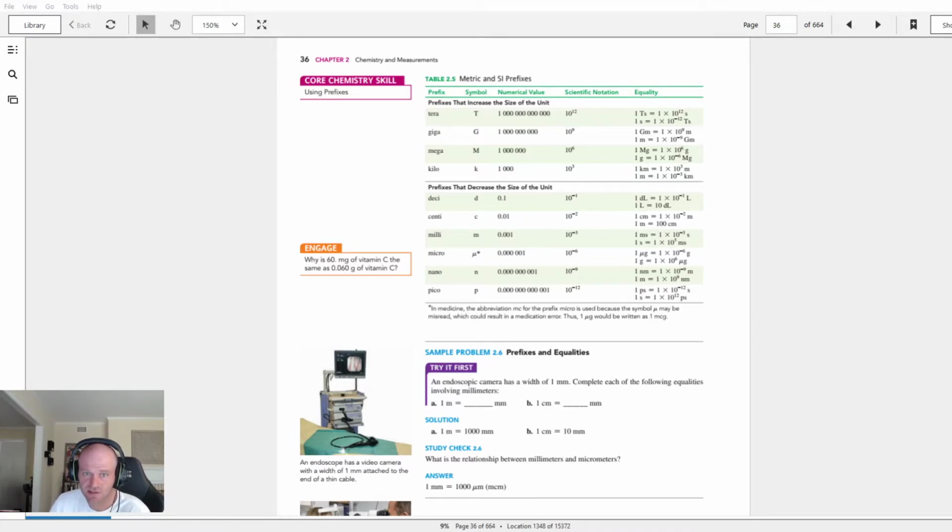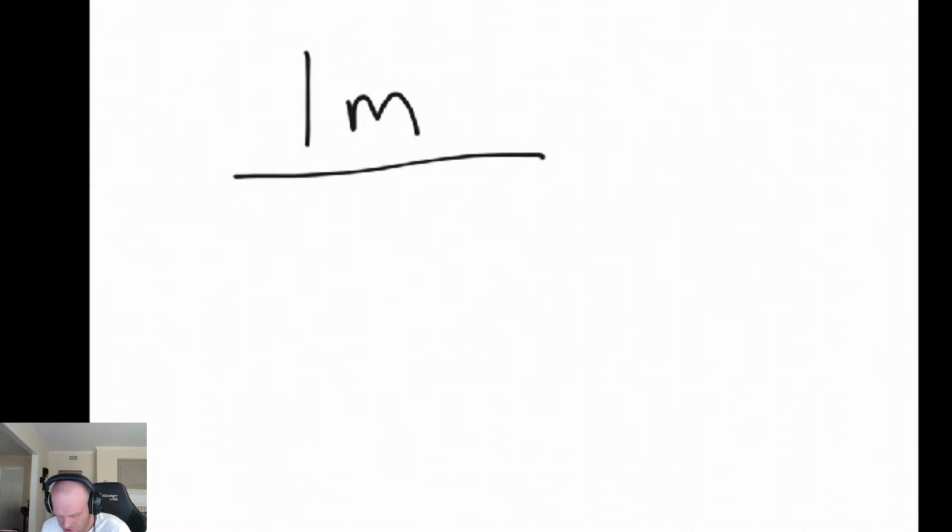So I'm going to write this on my iPad real quick. I don't want to write it like that, that'd be confusing. 1 meter is 1,000 millimeters.